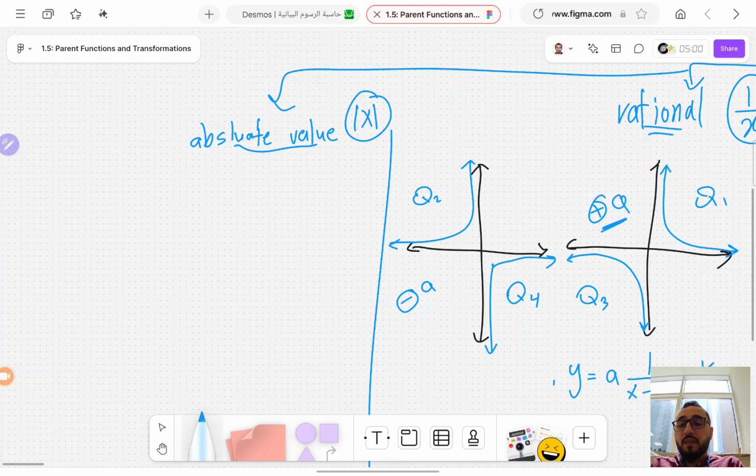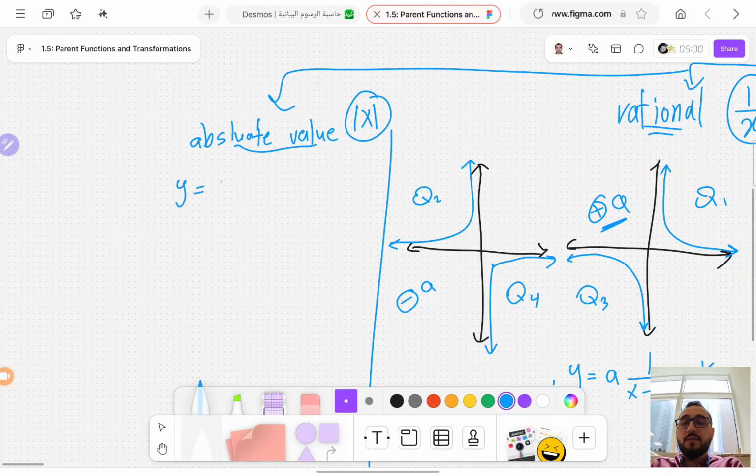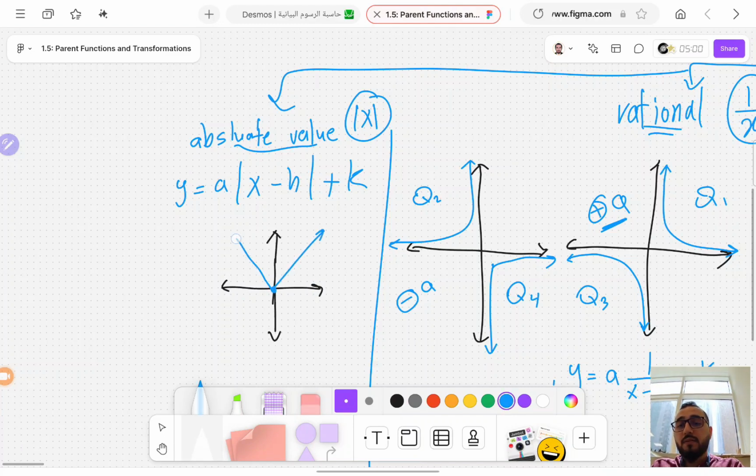Now what is the formula for the absolute value? It's an easy function: a times absolute value of x minus h plus k. The graph looks like the letter V, different from the parabola. A parabola is U, smiley, but absolute value is like V. If I graph this one, it starts from 0, 0, goes to the right and goes to the left.